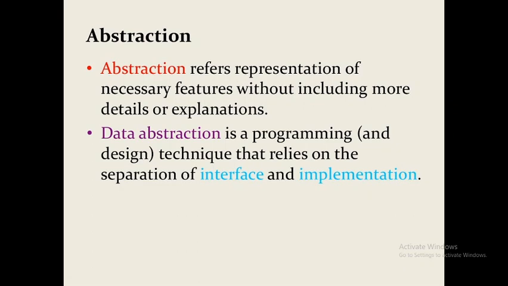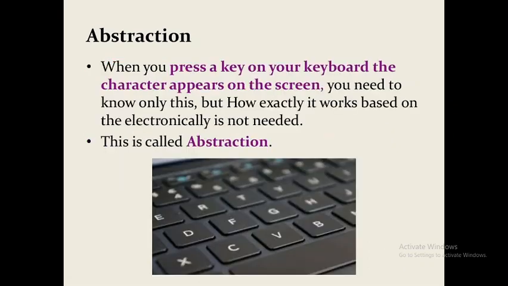So with respect to what is required for that particular scenario or purpose, only that particular information should be made available or exposed, and that is what is called abstraction.